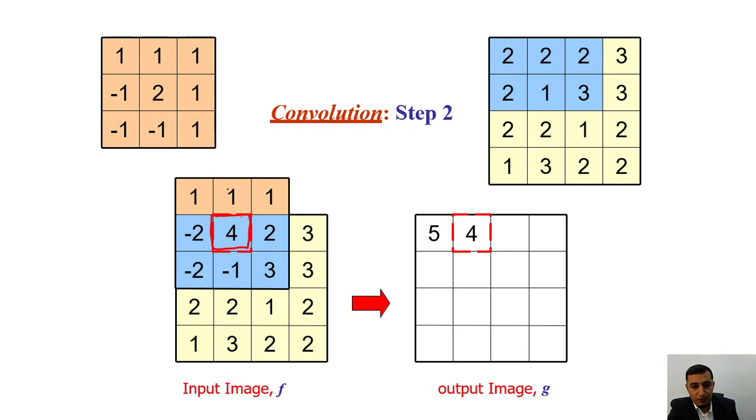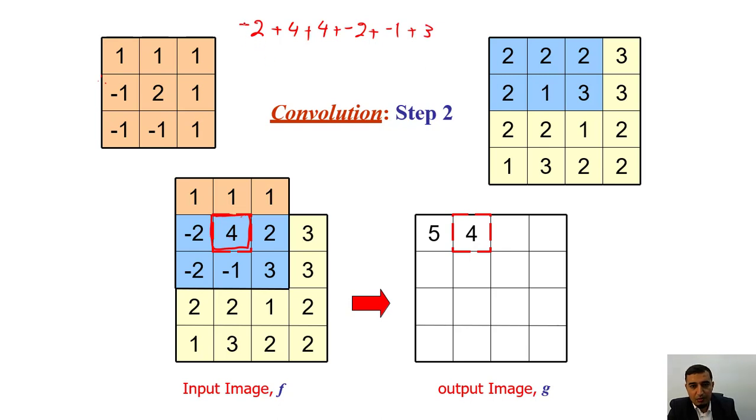So for the 4, we will have to multiply these. The minus 1 by 2 is minus 2, 2 by 2 is 4, plus 2 by 2 is 4, plus minus 2 plus minus 1 plus 3.